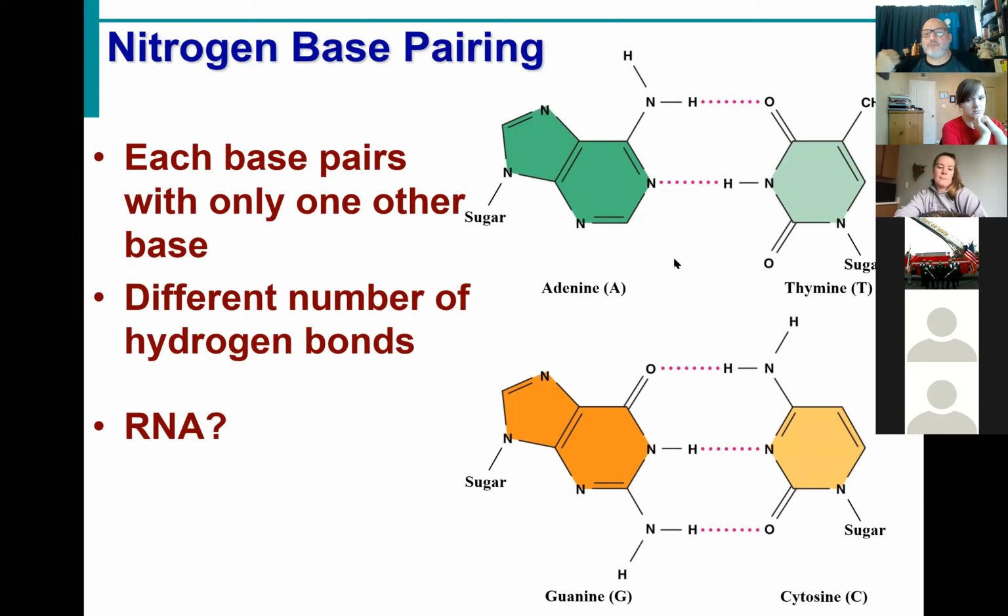But what determines which one goes with which is that adenine and thymine are both capable of producing 2 hydrogen bonds, whereas guanine and cytosine are both capable of producing 3 hydrogen bonds. And so again, this is just one of those rules you have to remember.